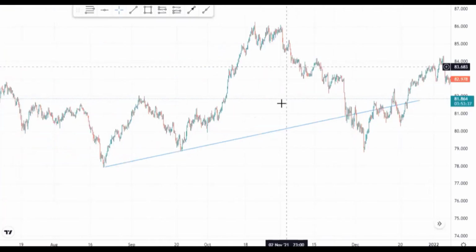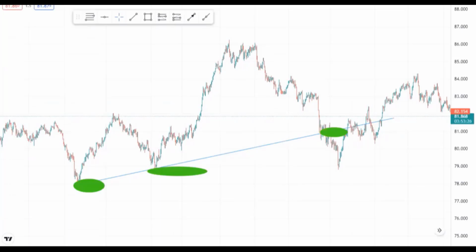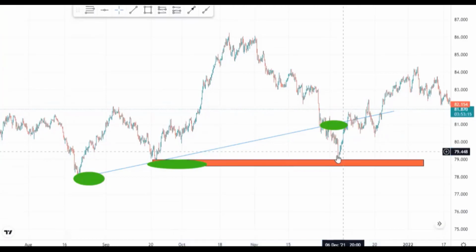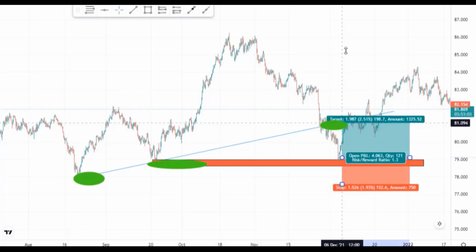Having this trade here now, we would have been waiting for the market to make the first touch, second touch. We would have been interested in this third touch, and had we been here when the market was here, we would have been able to discover this zone and then gone long from here, having our stop loss below here and our take profit above here.